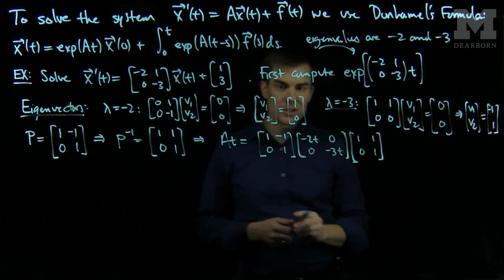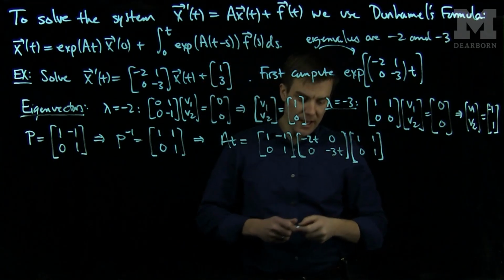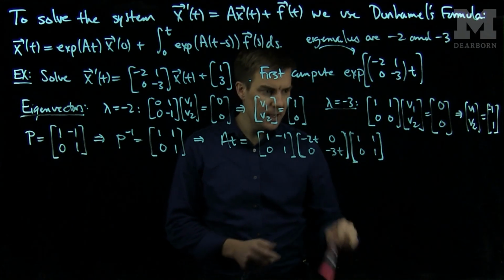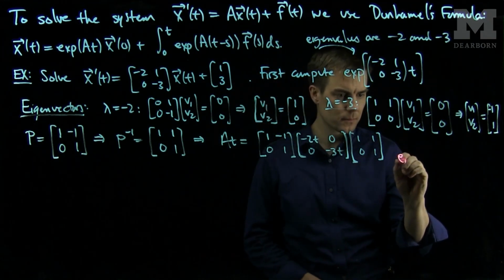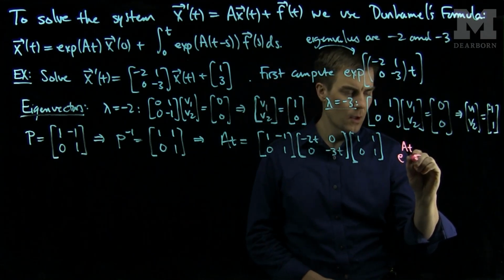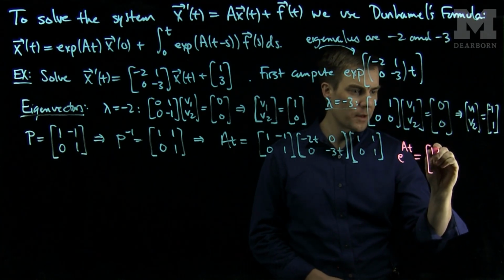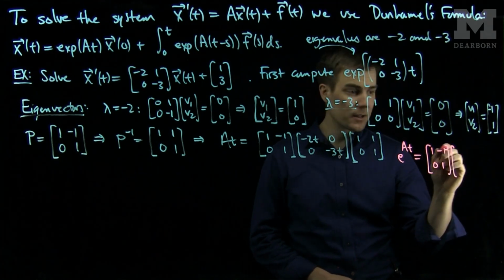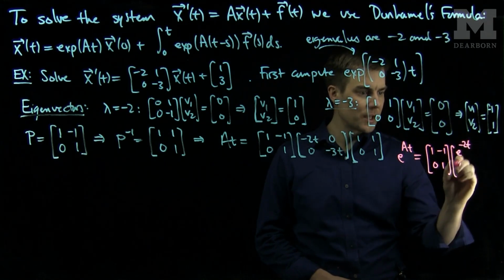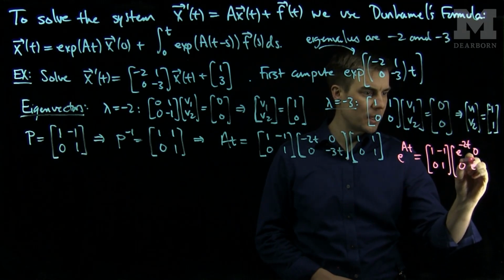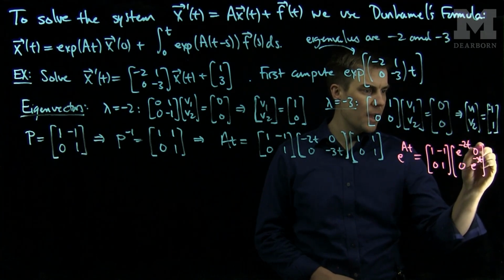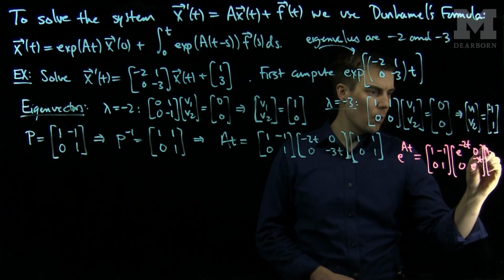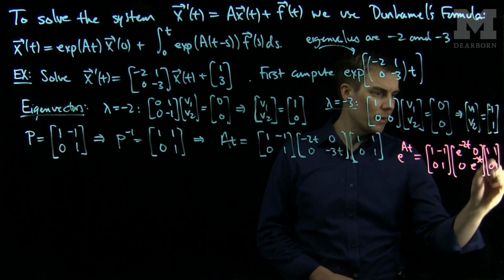From this, we can now see what the matrix exponential e to the At is. e to the At will be P, 1, negative 1, 0, 1. Then the exponential of the diagonal entries, e to the negative 2t, 0, 0, e to the negative 3t. And then P inverse, 1, 1, 0, 1.